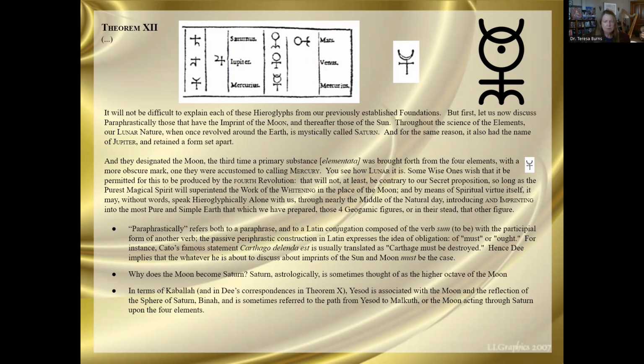Yesod is associated with the moon, and it's a reflection of the sphere of Saturn, Binah, the second Sephira. It's sometimes also referred to as the path from Yesod to Malkuth, that is the path of manifestation, or the moon acting through Saturn upon the four elements. It can be any of those things. So those are the associations that we look for between a lunar nature of Yesod and mystical Saturn.